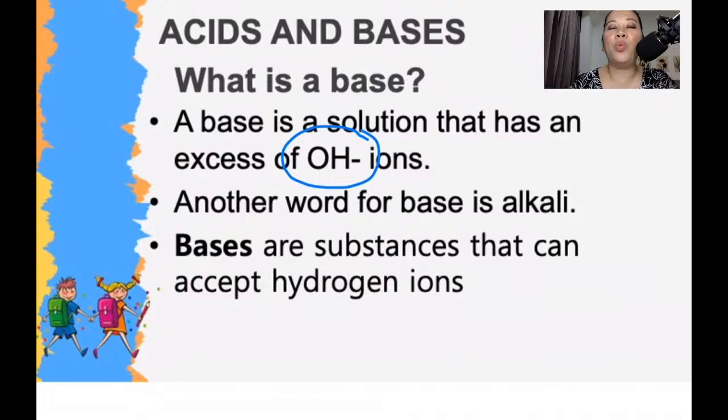We have what we call neutralization, where an acid and a base react. Sorry, a base can accept H plus, not OH minus. Bases are OH minus, so they can accept your hydrogen ions, or H plus.